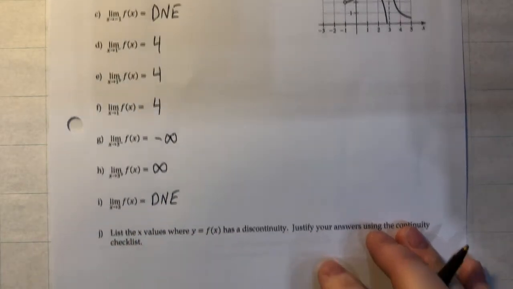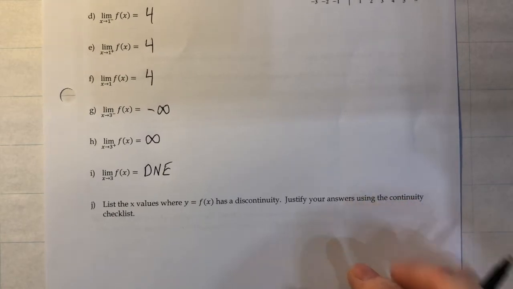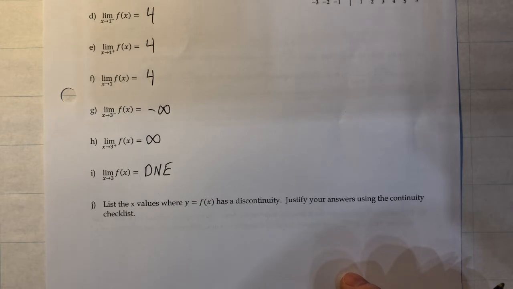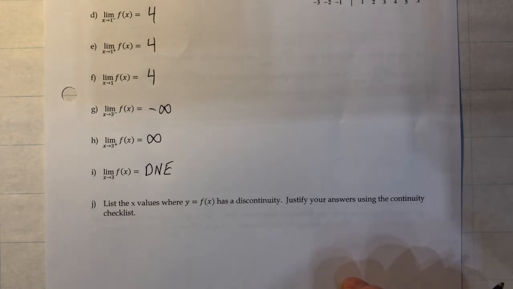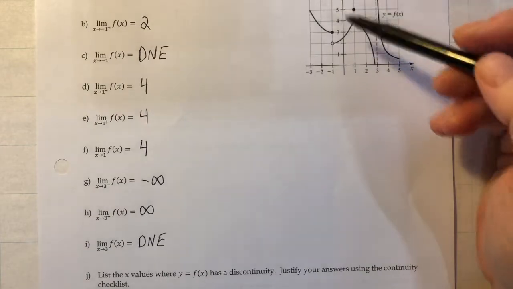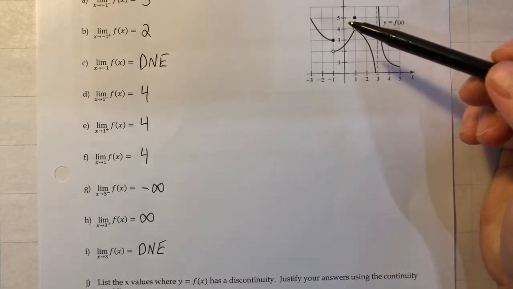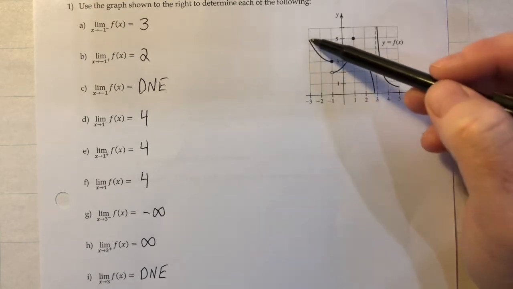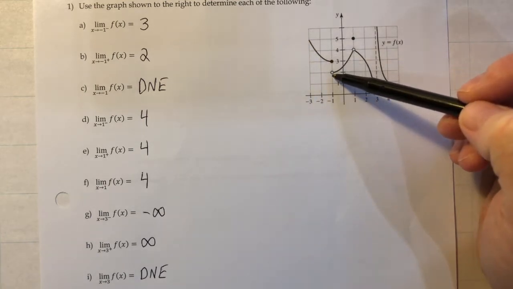All right, and then the final thing they want to know from us is to look through and see if there's any x values where the function has a discontinuity, and if they do, they want us to justify our answer for why we're calling that a discontinuity using the continuity checklist. So, thinking about it just from the intuitive point of view for continuous, as we come along here, if we were tracing this over, we'd have to pick up our pencil and jump down here.